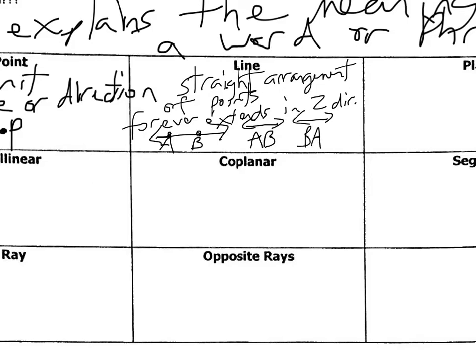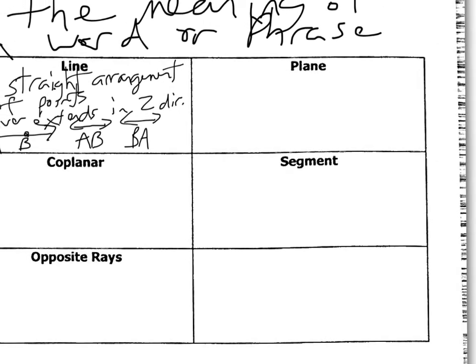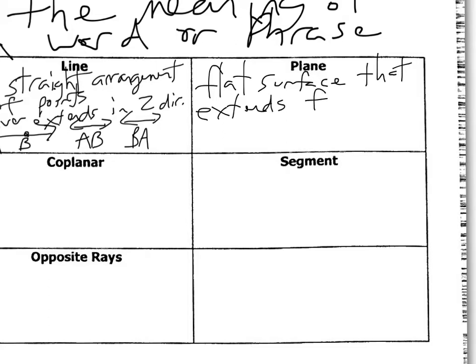Okay. A plane. A plane is also something that extends forever, but it does it in 2 dimensions. It's a flat surface that extends forever. Think of a wall in your bedroom. And now think of that wall extending forever in both directions.